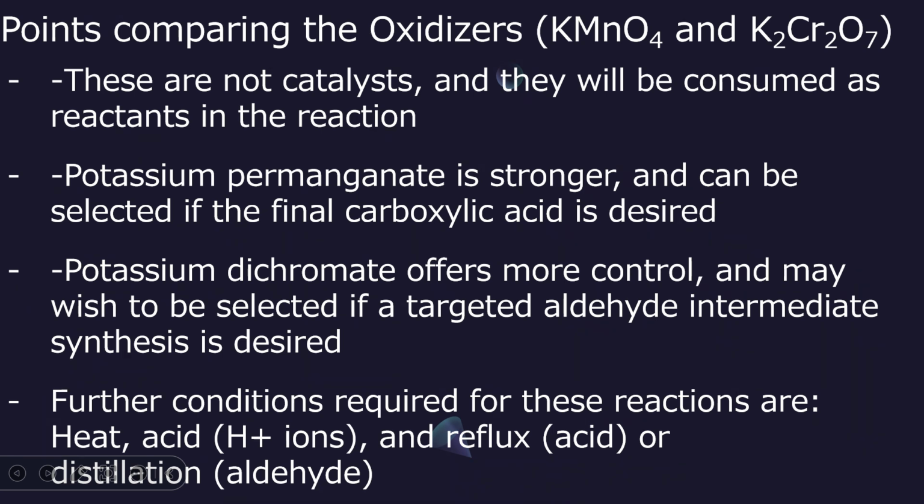Further conditions required for these oxidations are usually heat. You've got to heat them up a bit to get things going. Acid, H+ ions, maybe some H2SO4. I do think permanganate can oxidize without acid. It's strong enough, but it will oxidize further, faster, and better with some acid added.